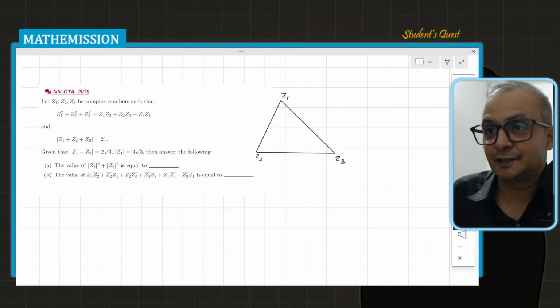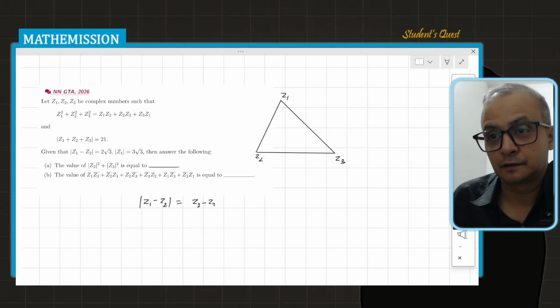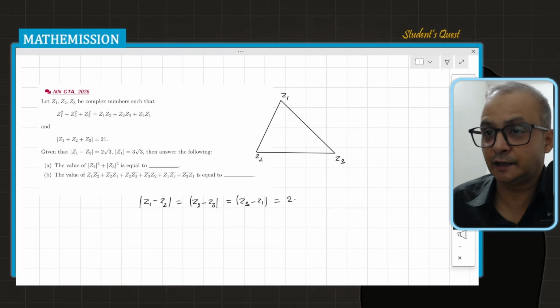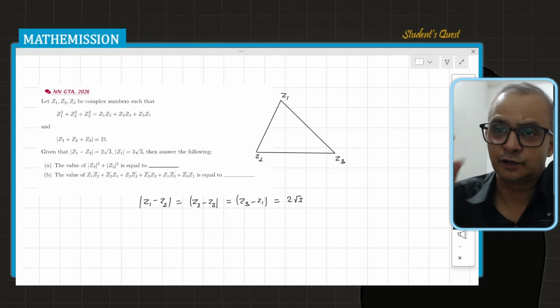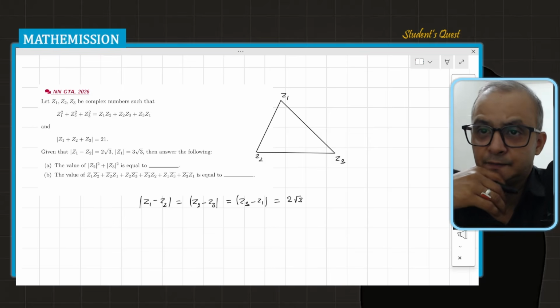If this triangle is equilateral, the mod of Z1 minus Z2, mod of Z2 minus Z3 and mod of Z3 minus Z1 must be equal, because already mod of Z1 minus Z2 is given as root 3, because they are the sides of the equilateral triangle.